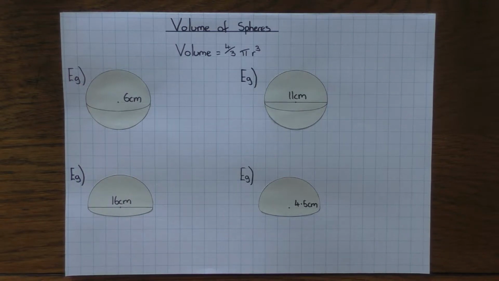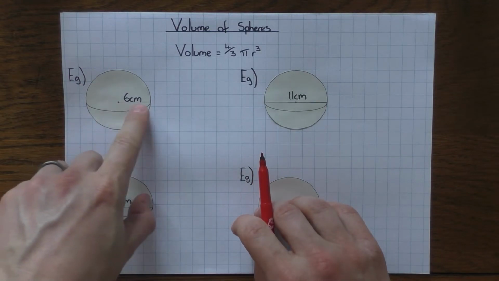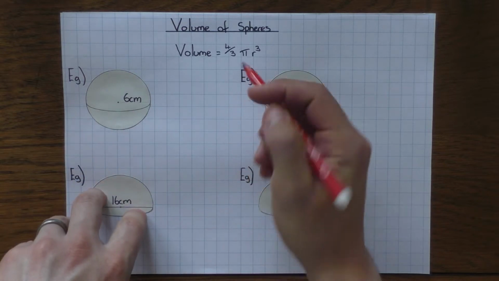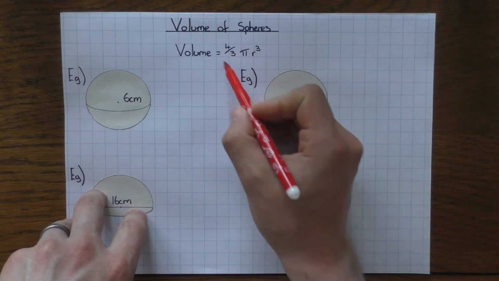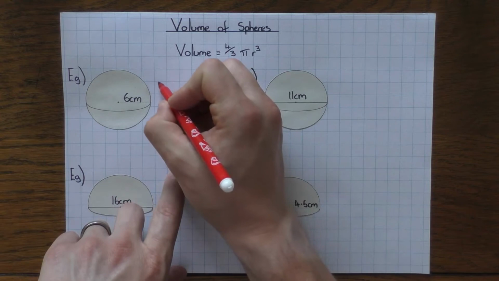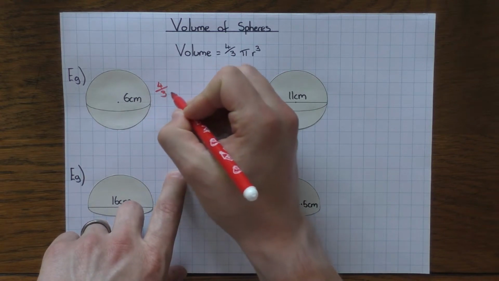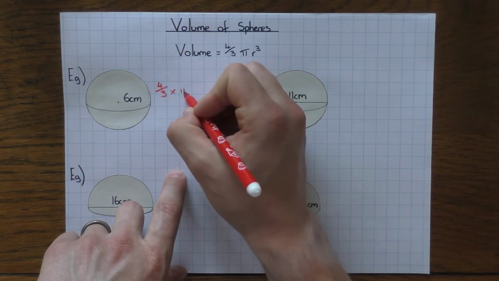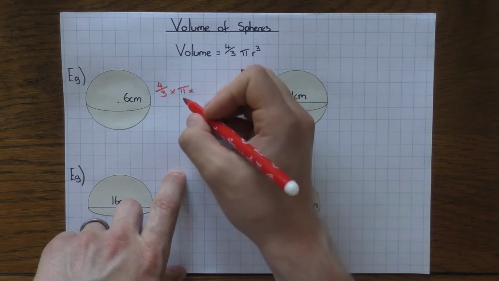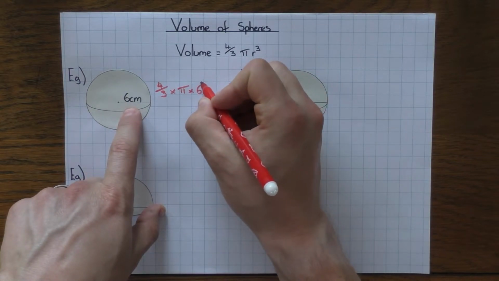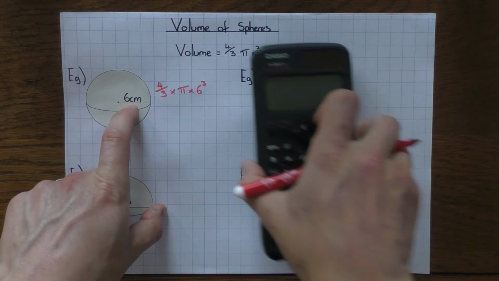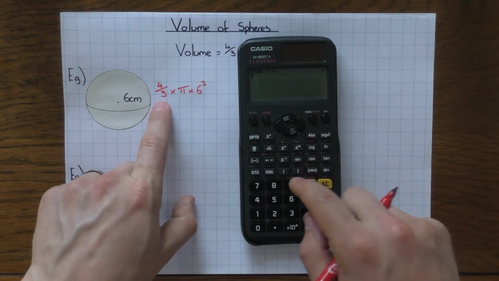First one here then, we have the radius is 6. So all I'm going to do is substitute the radius of 6 into this formula, like so. So we've got 4 over 3 times by pi times by the radius, which is 6 cubed. So get your calculator, use your fraction button.